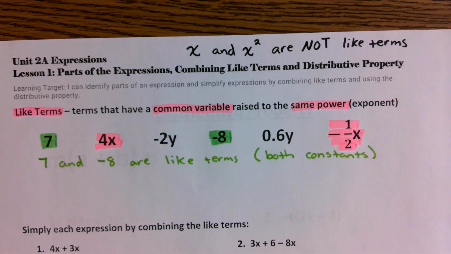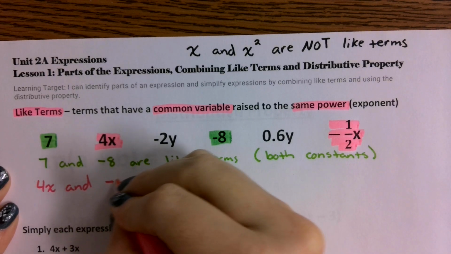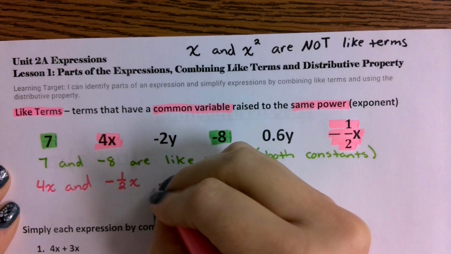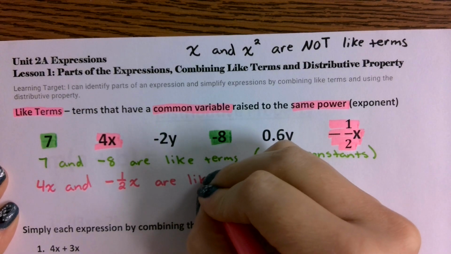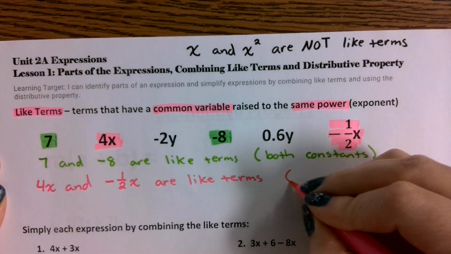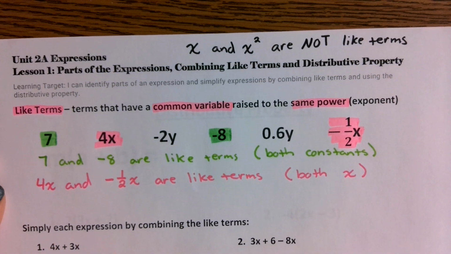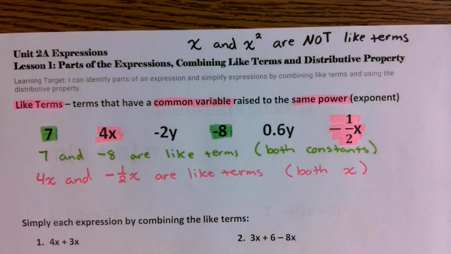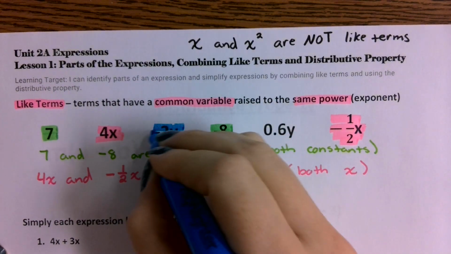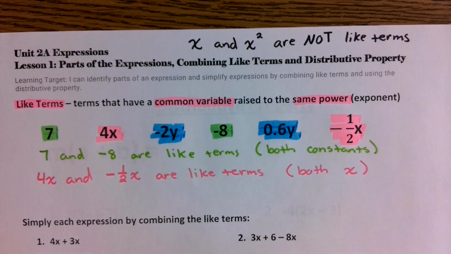So negative 1/2 x and 4x are considered to be like terms, and the reason for that is because they both are in terms of x. And then our last set, I'll just go ahead and do that myself. We have negative 2y and 0.6y. Those are also considered to be like terms because they're both terms of y.